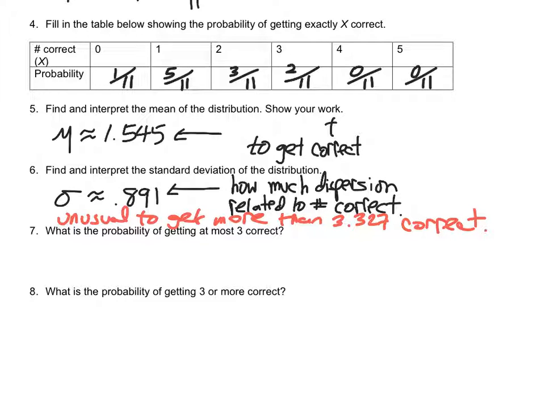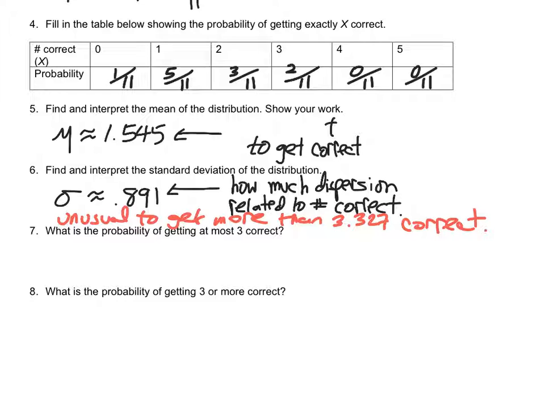I'm about to take a test and I didn't study. I've got like an hour prior to the test. Do I study or do I play it out and see how things go? Just take a shot in the dark. Just start guessing. Here it's saying that it would be unusual to get more than 3.327 correct.